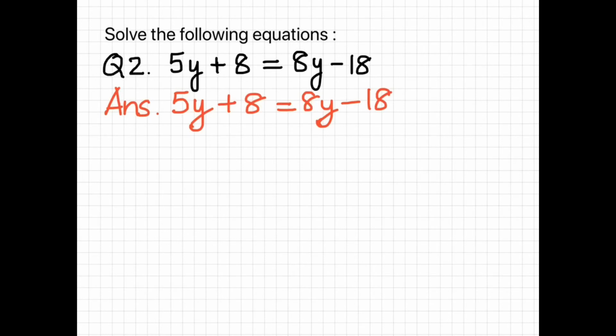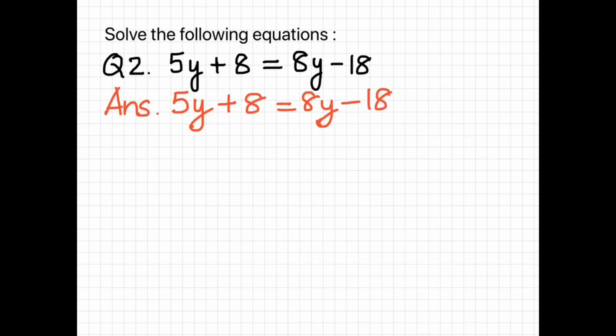So we are going to transpose the terms containing the variable to one side and the constants, that is the terms without the variable, on the other side. So let's transpose plus 8 to the right hand side and plus 8y to the left hand side.